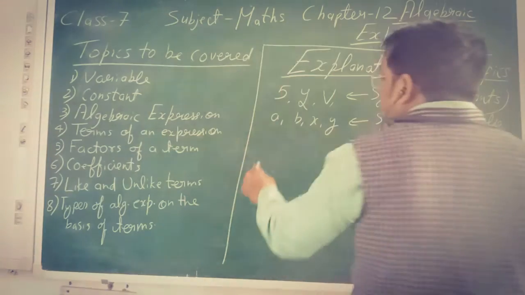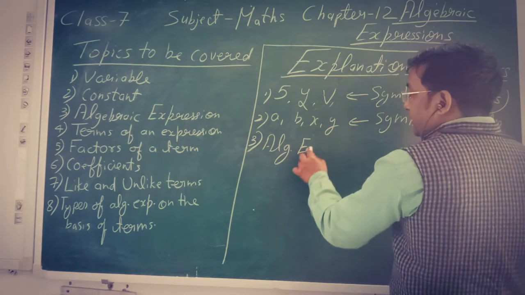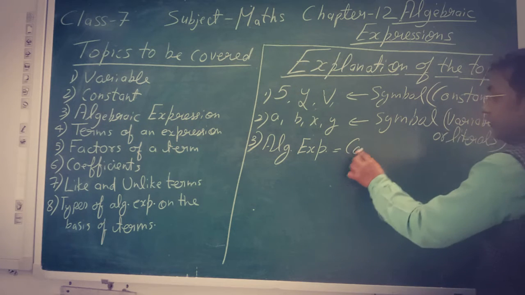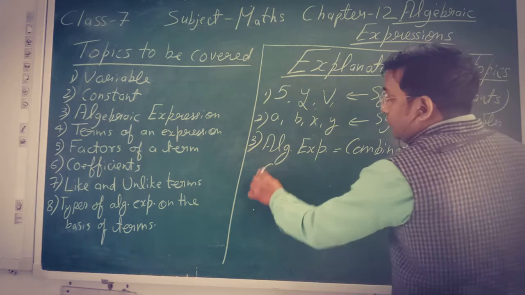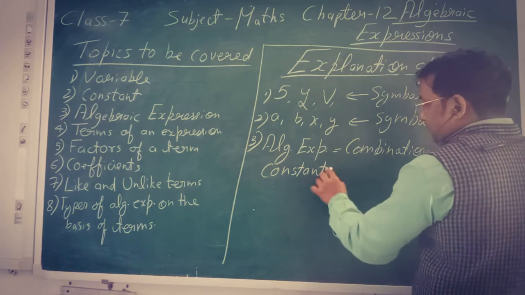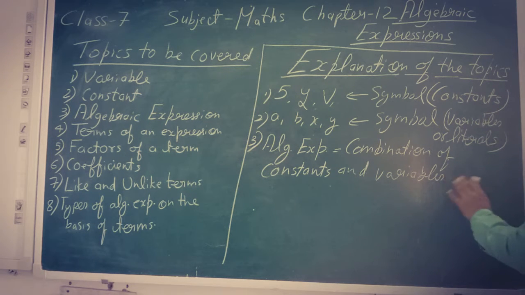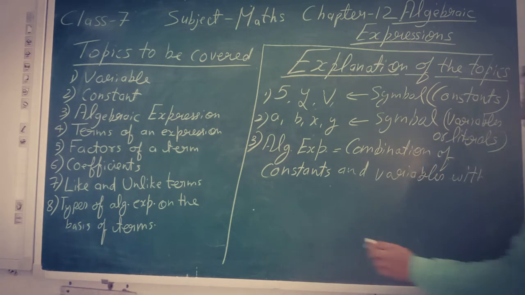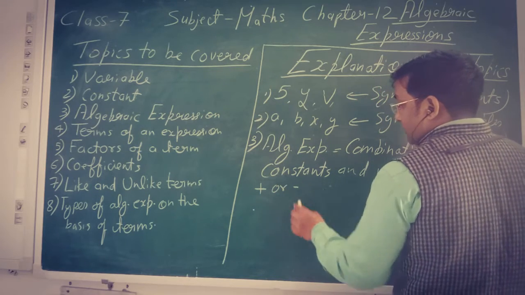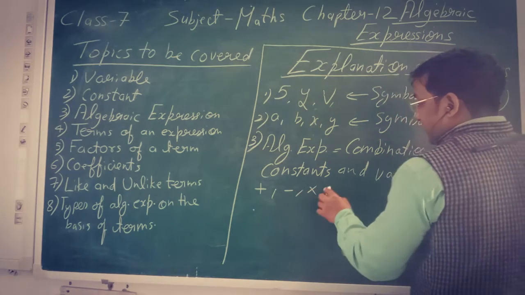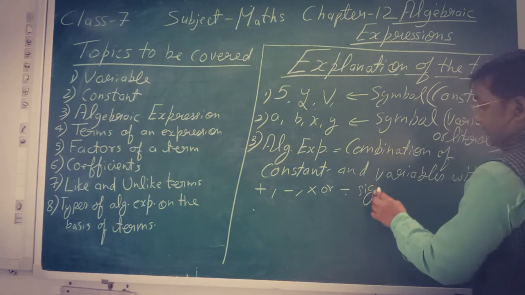So we can say that algebraic expression is the combination of constants and variables with plus, minus, multiplication and division signs.